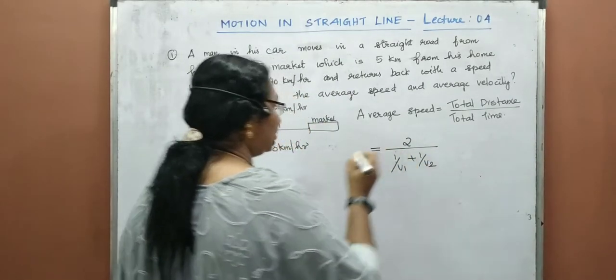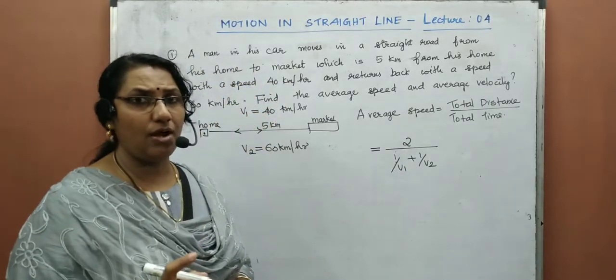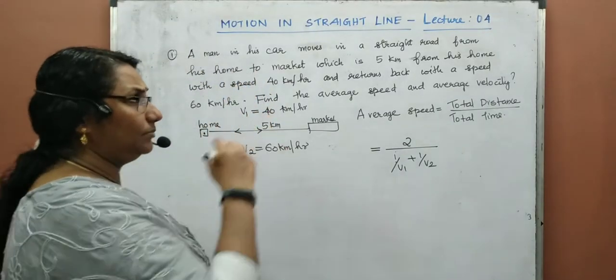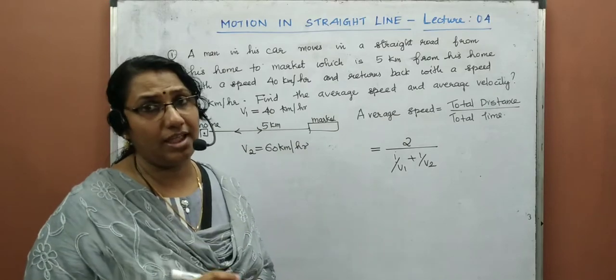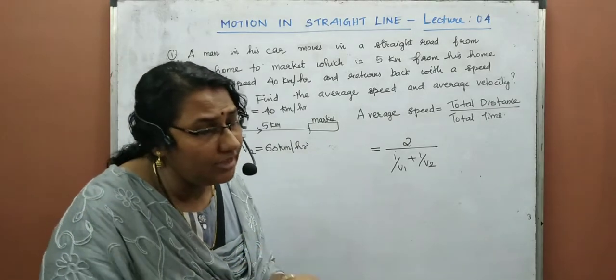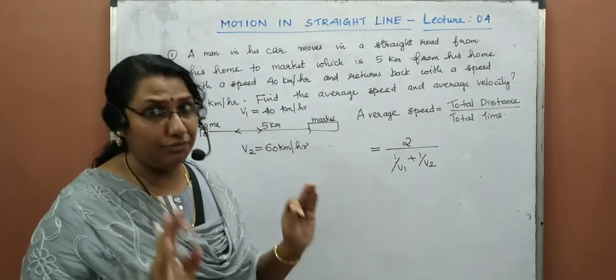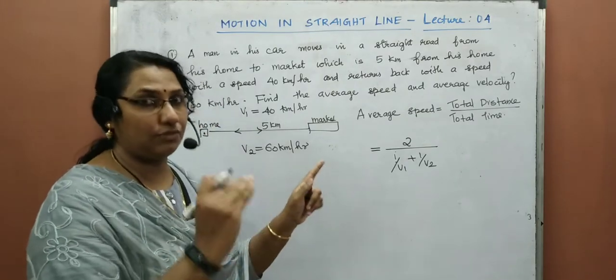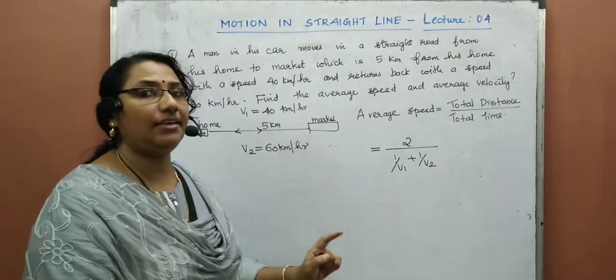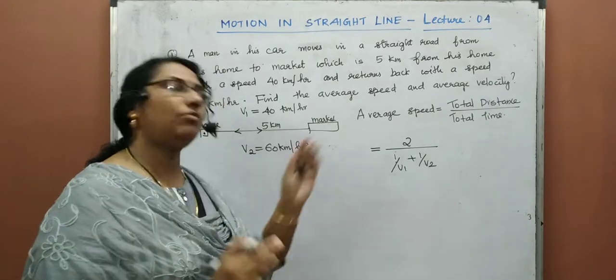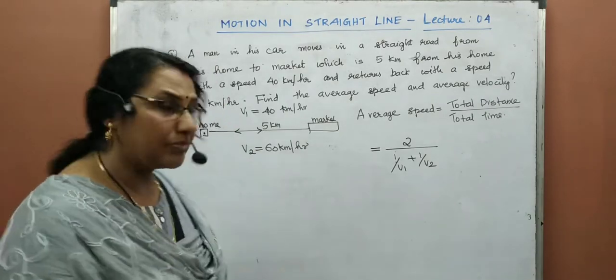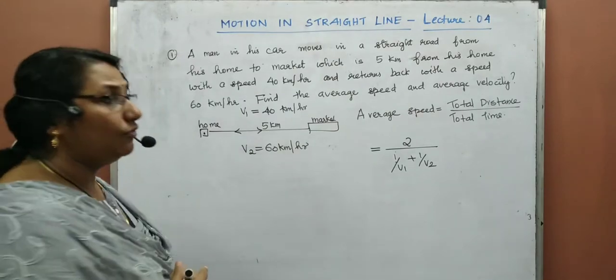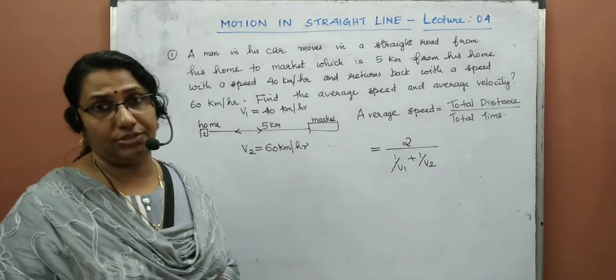Is there any confusion? If you have any doubt, go to lecture number 3 of motion in a straight line, where we have discussed it in great detail. If you feel any problem here, go back to the previous lecture 3, study it, understand it, and do the problem. Then it becomes perfect. So it becomes 2 by (1 by V1 plus 1 by V2).